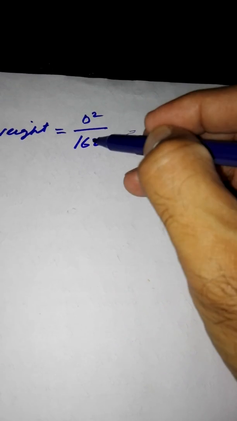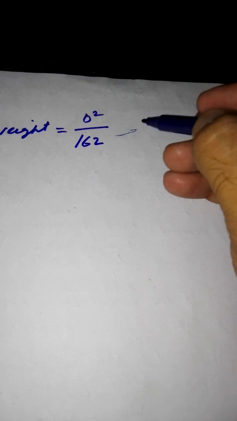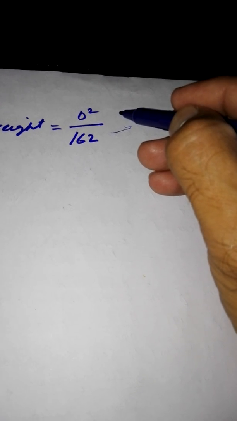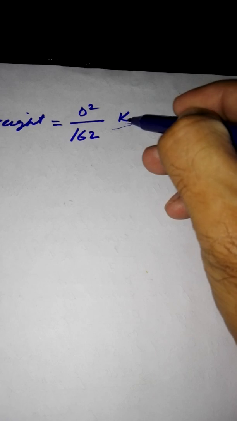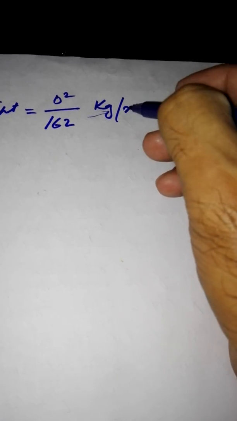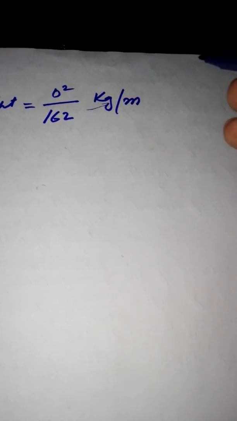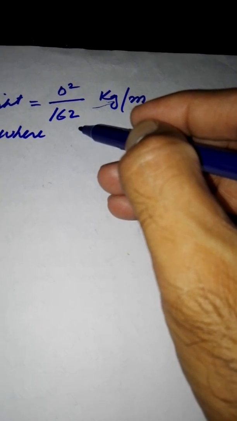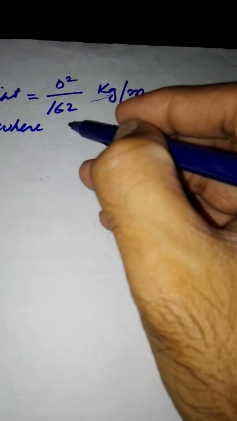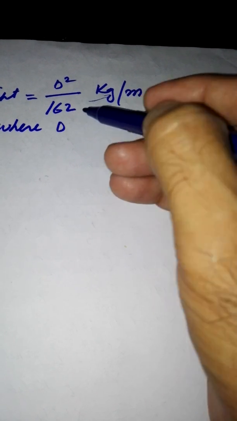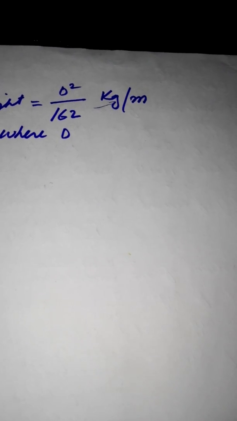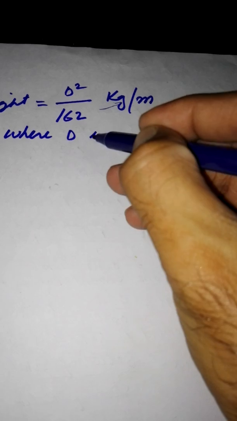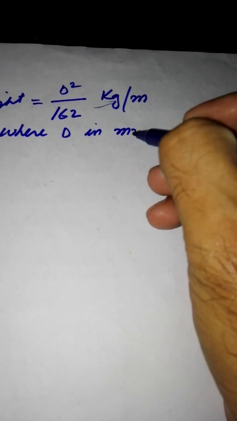D square divided by 162 kg per meter, where D is in millimeters.